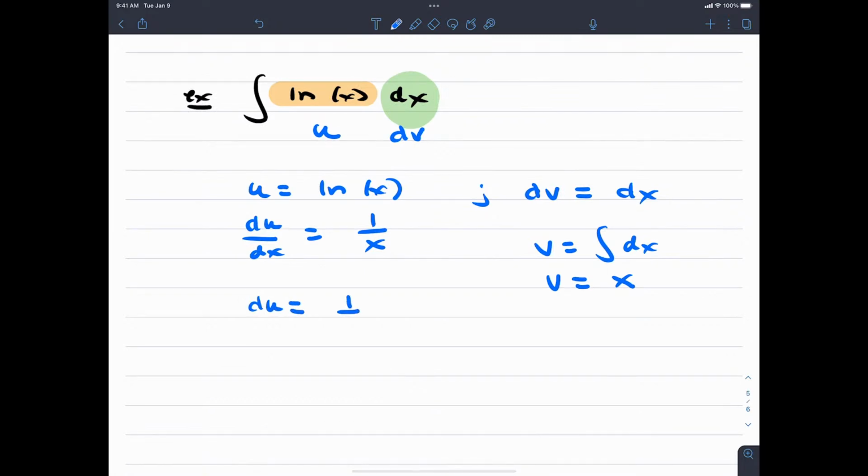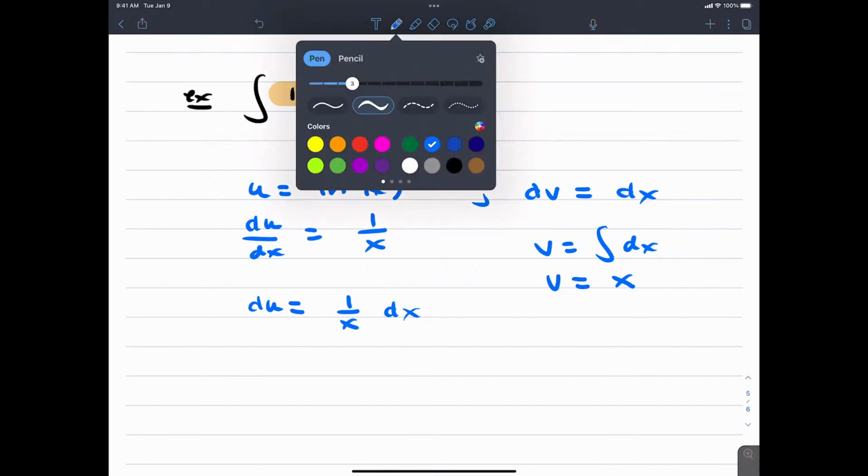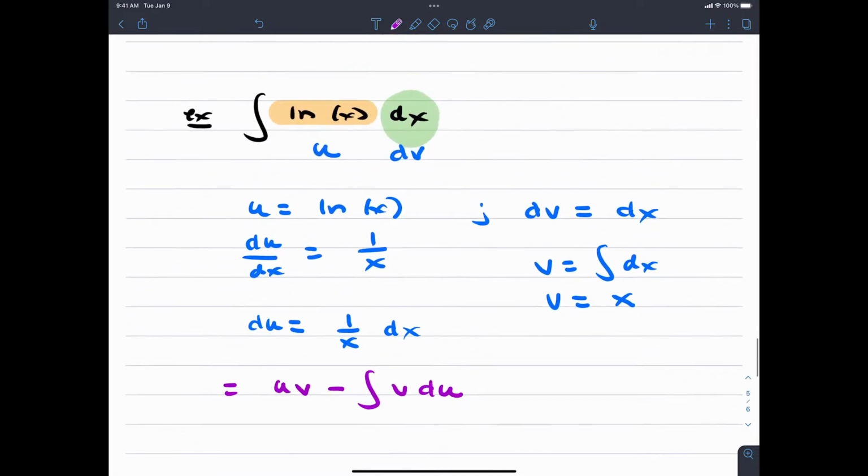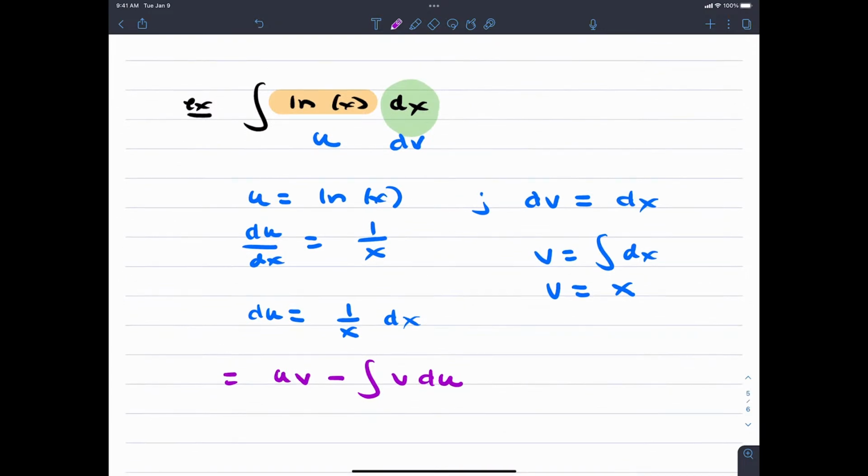So du is 1 over x, what? Dx. So you might say, I remember singing the song, the integral of what? U dv is uv minus integral v what? du. So this is a very, very, very classic kind of question.